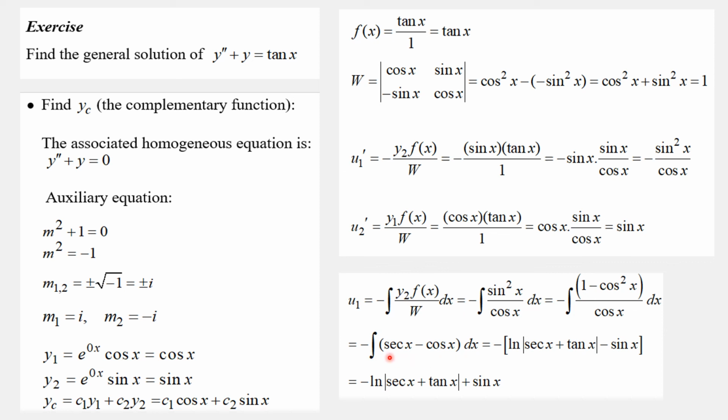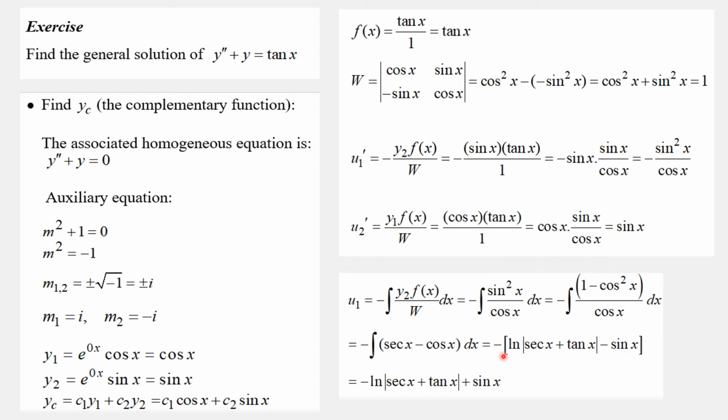You can refer to the table of integrals to get the integration of secant x and also the integration of cos x. We still have to keep the negative sign outside of the integrand. The integration of secant x with respect to x, given by the table of formulas, is ln of secant x plus tangent x. And the integration of negative cos x is negative sin x.